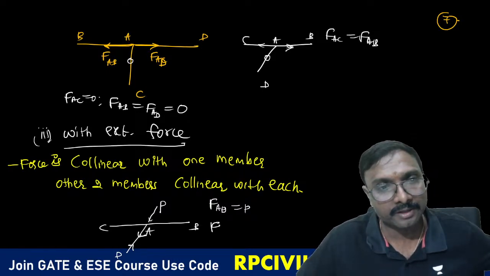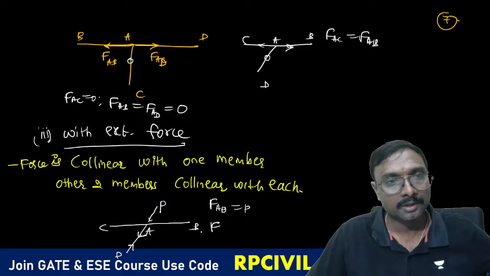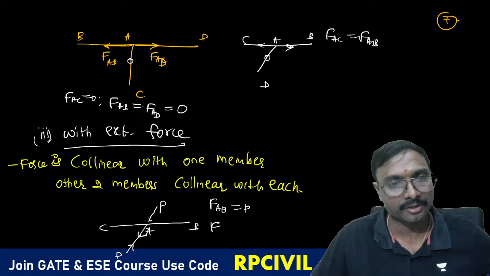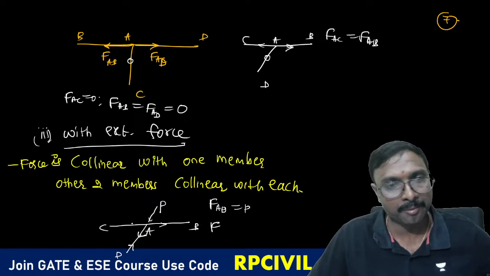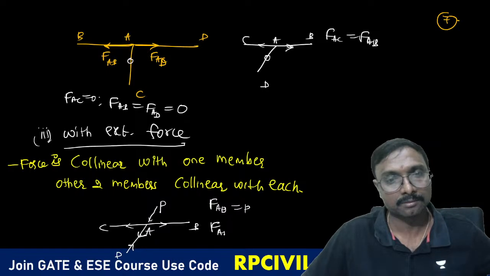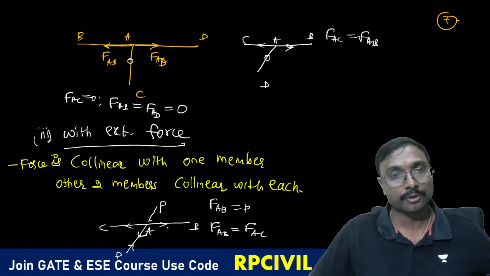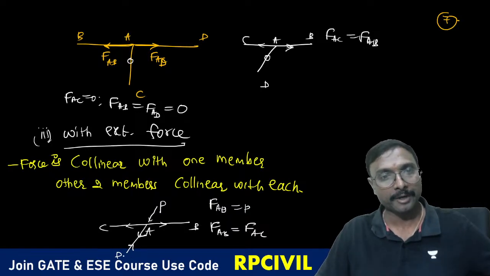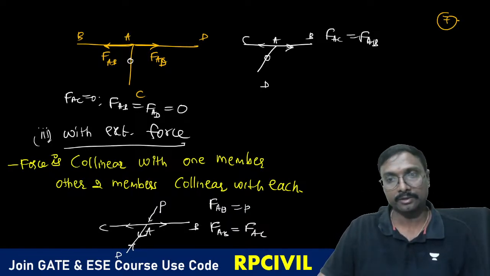Now, the force is collinear with one member. There are two members non-collinear with each other, and members collinear with each other. This AB member force is equal to the AC member force. So left side force equals right side force, and P equals this applied load, the force in the member AD. Got it? Note this and tell me.